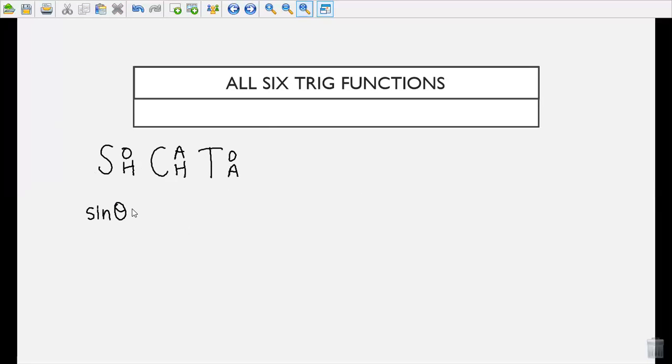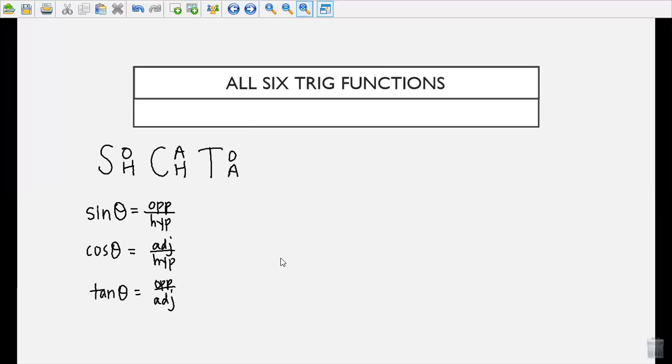So sine of this angle theta is going to be our opposite over the hypotenuse. Cosine of theta is going to be the adjacent side over the hypotenuse. And tangent of theta is going to be the opposite side over the adjacent side. All right, SOHCAHTOA, that's hopefully old news stuff that we've seen before.